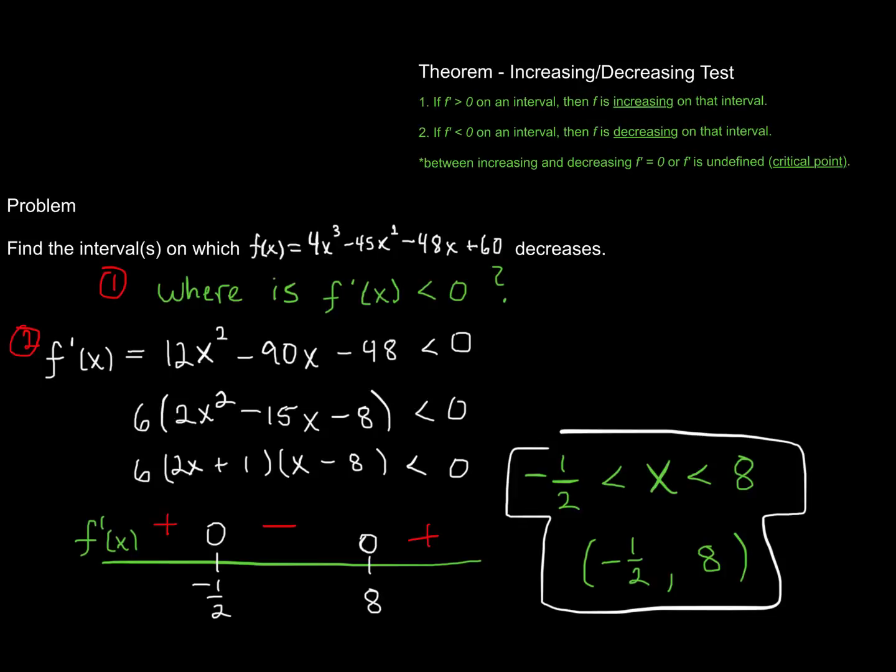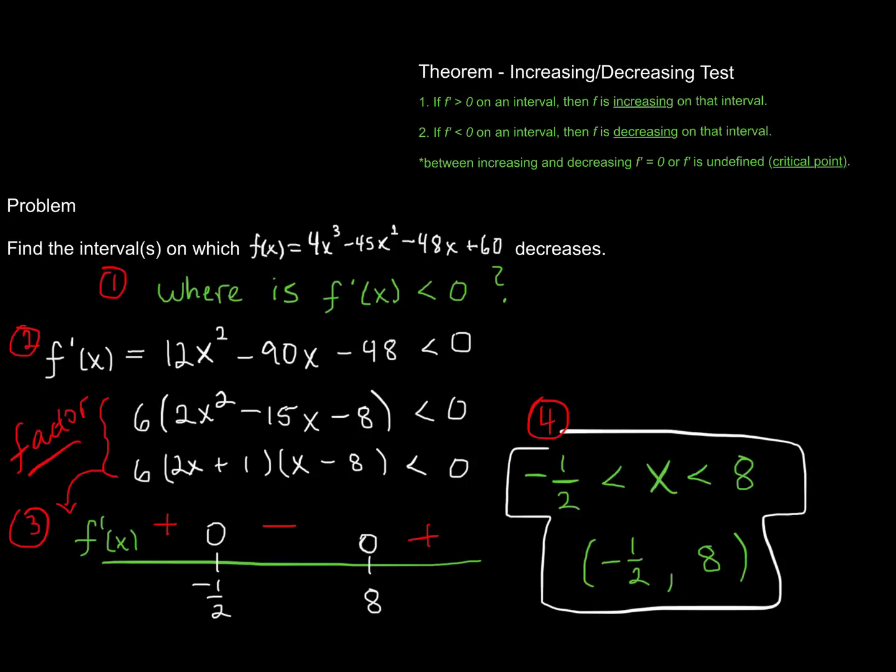And then very importantly, you need to factor. That's going to be a crucial step. Factoring will lead you to be able to create your sign chart, which ultimately will give you your interval, which you'll want to write correctly.